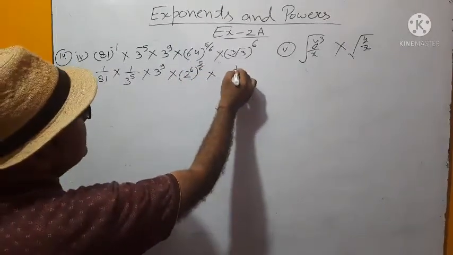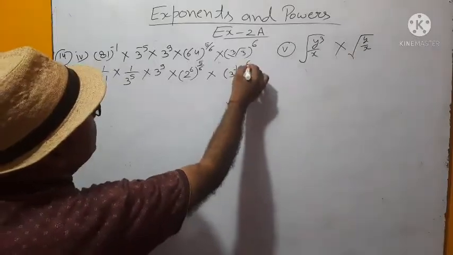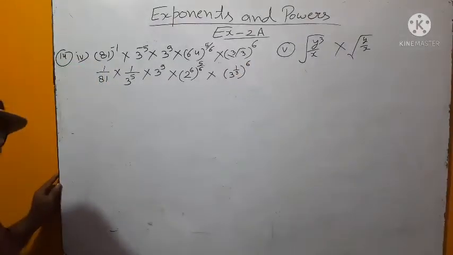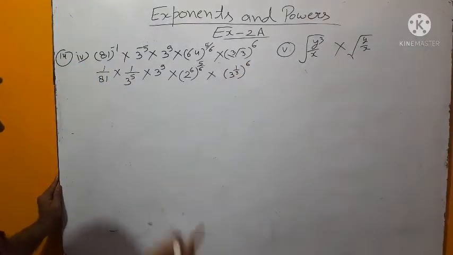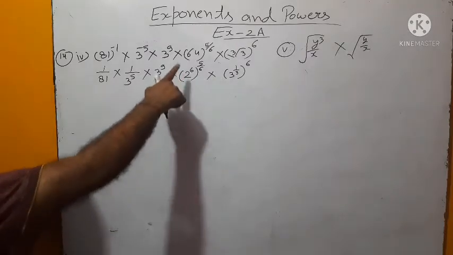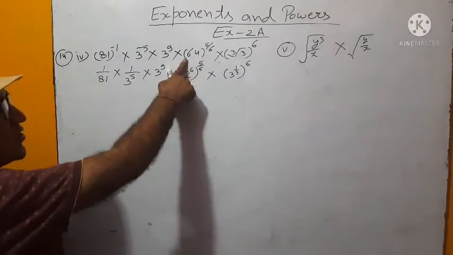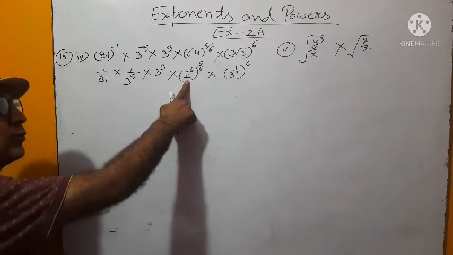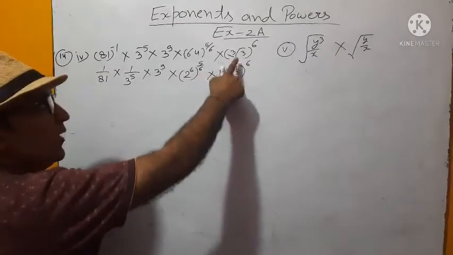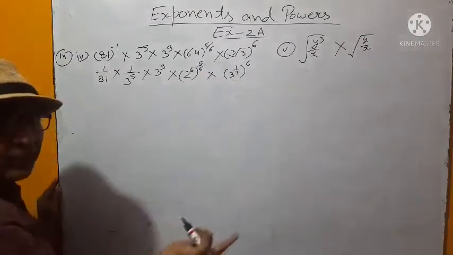Cube root means power 1 by 3. Since many questions we have done, so I am doing this. Okay? When you find the prime factors of 64, you can see that you will get 2 power 6. Cube root means power 1 by 3, that I have told you.